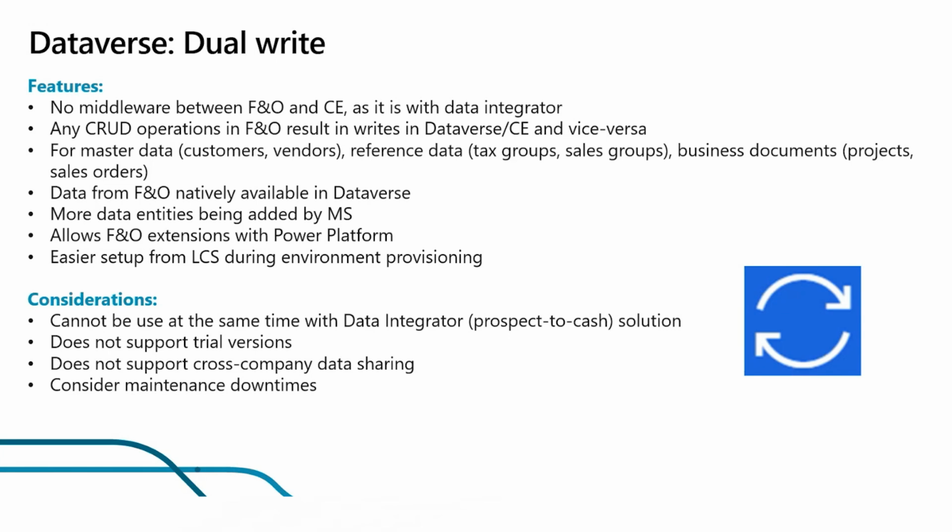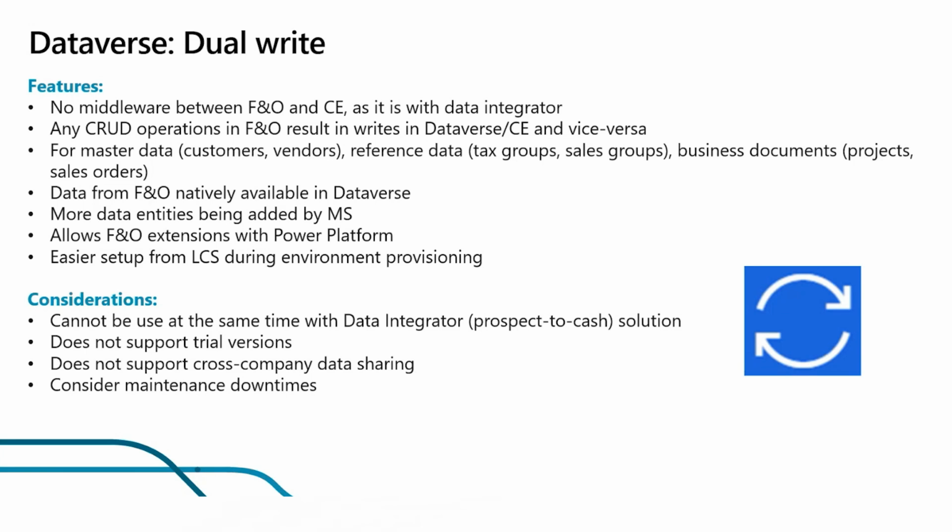For master data, reference data, business documents, sales orders, etc., data from finance and operations are natively available in Dataverse. More data entities can be added by making use of the virtual entities feature. It allows for finance and operations extensions with Power Platform. It can be set up easily from LCS during your environment provisioning.